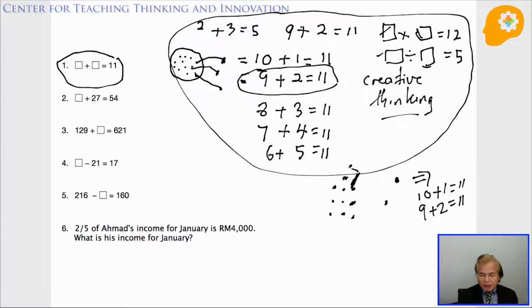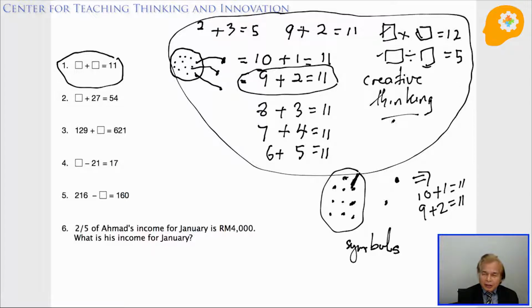This is semi-concrete, where they can use diagrams. Later on, once they are very used to it, they can use straight symbols. Before they can really understand symbols, you need to expose them to what is called visual thinking, where they can see and feel.